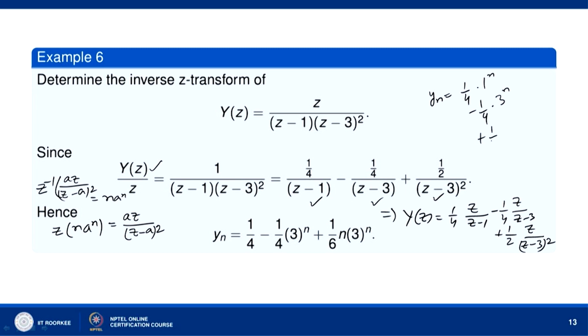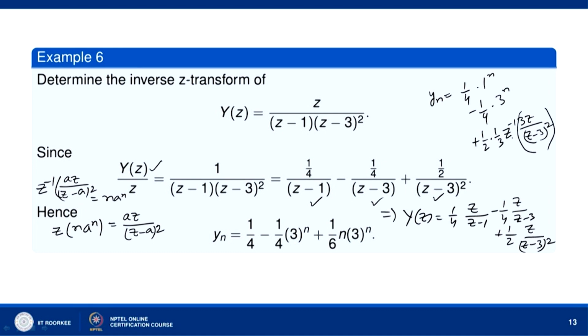So, we write 1 over 2 into 1 over 3 and here we can make it 3 z over (z minus 3) whole square. So, when you bring it to this form, the inverse Z transform of this we can find. We write it in the standard form. To do that, we get 1 by 2, 1 by 3 and then Z inverse of this.